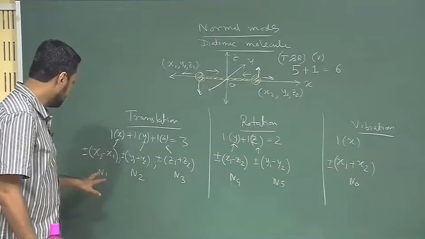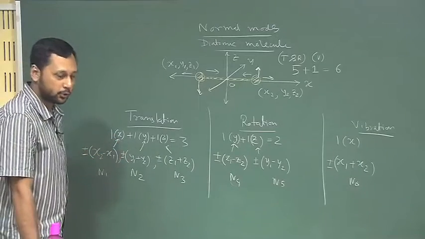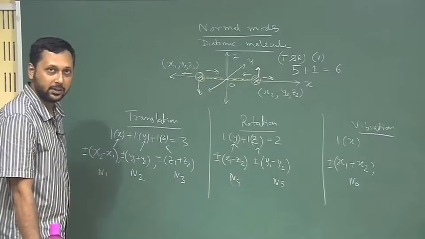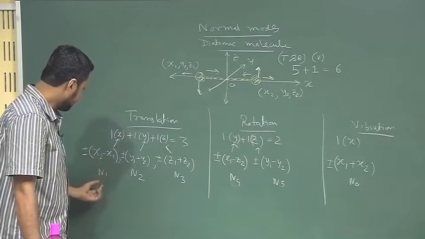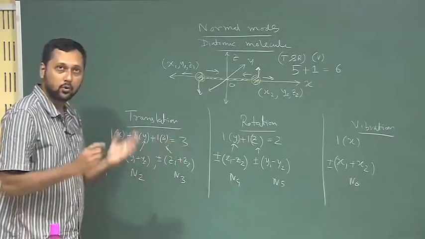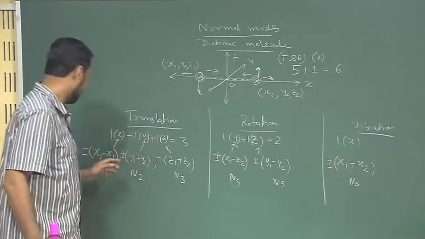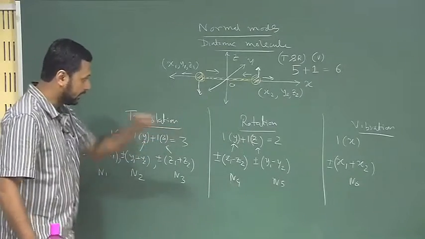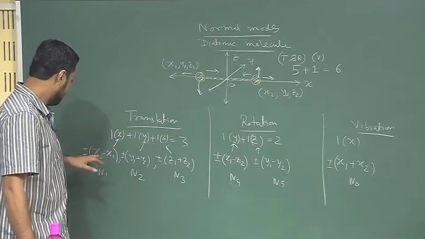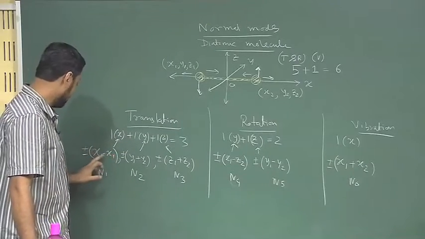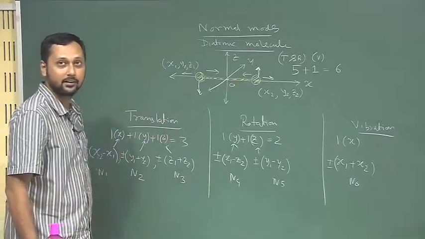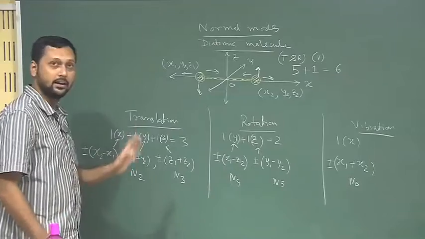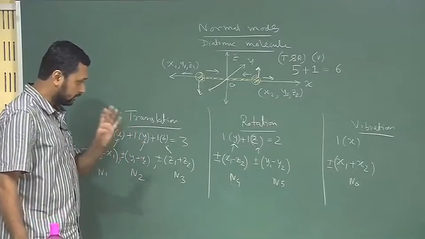So, when I am describing a motion which is a combination of, let us say, translation, rotation and vibration, I can take a suitable combination of these 6 coordinates. If I have a slight doubt, maybe I have messed up N1 and N6. I think these are right, but it might turn out that the plus sign will give you translation and the minus sign will give you vibration, which I have to think about, and if it is wrong, I will get back to you. But that is not the point here.